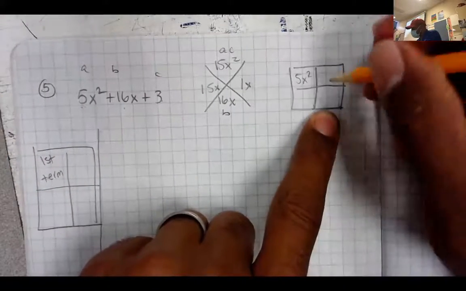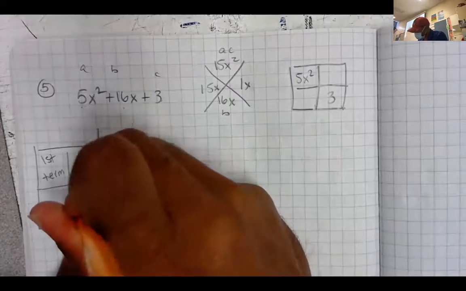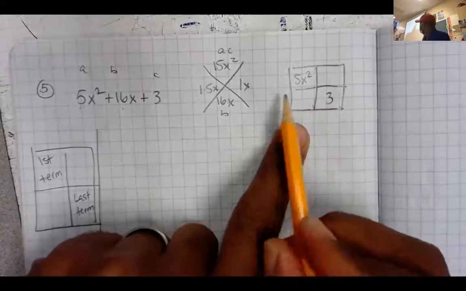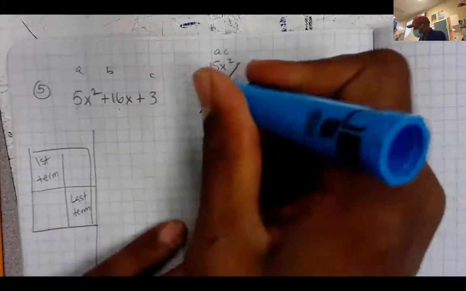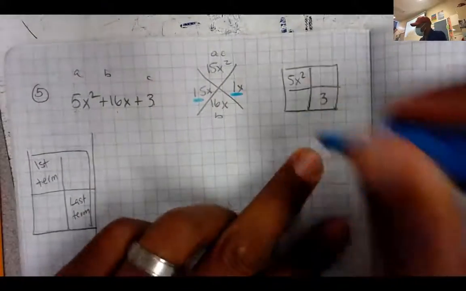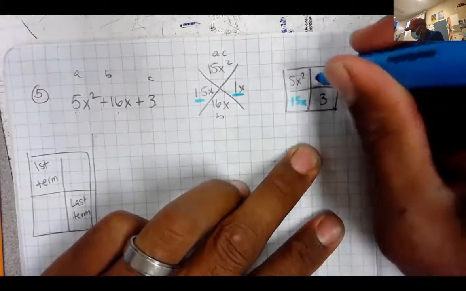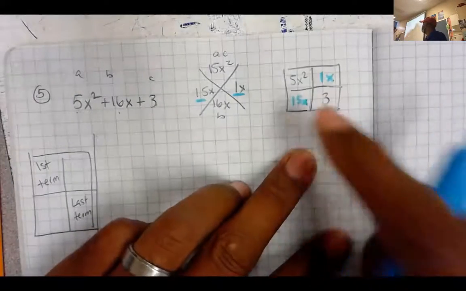And then here, the last term. Okay, and now those 2 numbers that we just found, the 15x and the 1x, those go here. And it does not matter where you put them. I could put 15 up here, down there, doesn't matter.